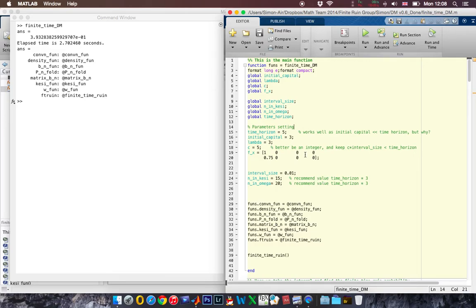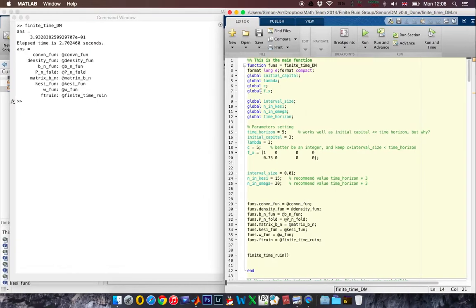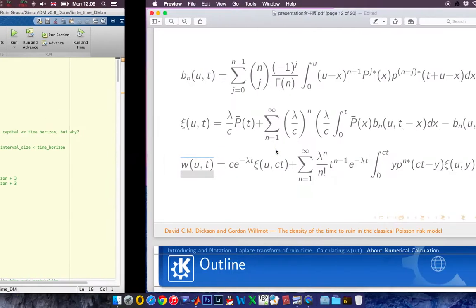One thing about this particular program: we choose a mixture of exponential distributions, just to show you an example of how this algorithm could work.